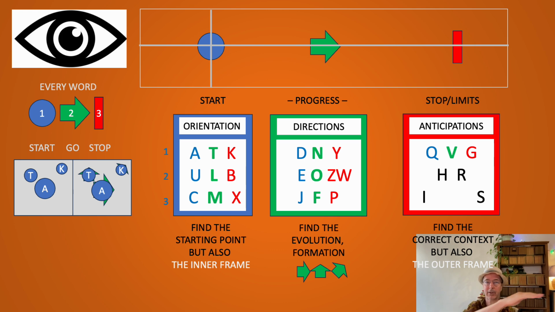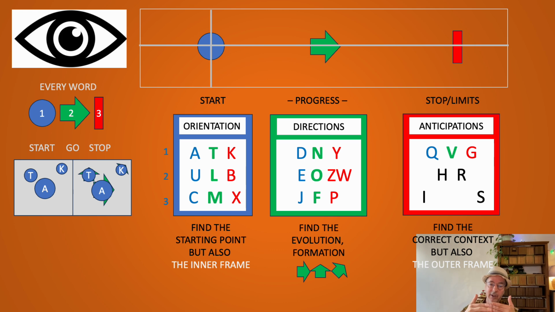We have a space, you have here the horizon. The first thing we try to measure is the starting points. If it's further away or it moves away, you have the progress or the formation process. And then in the far corner you have the limits of it, and you see, okay, I can't go further and so on.